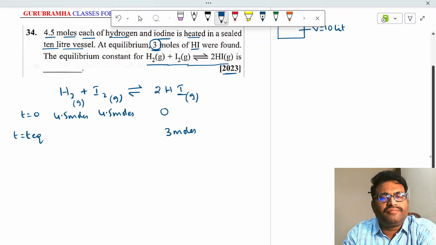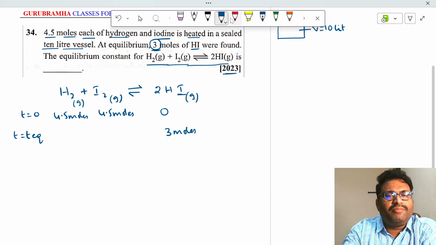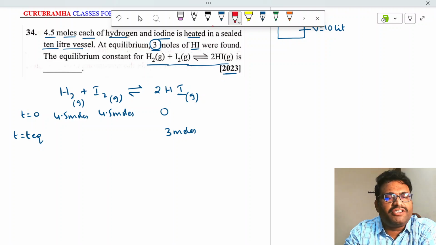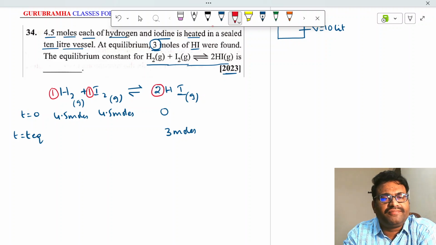Now let us see, from the given stoichiometric equation, we know that 1 mole of H2 and 1 mole of I2 on reacting give 2 moles of HI. When 1 mole of hydrogen reacts and 1 mole of iodine reacts, 2 moles of HI are formed.